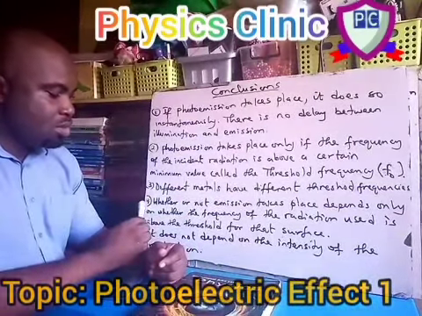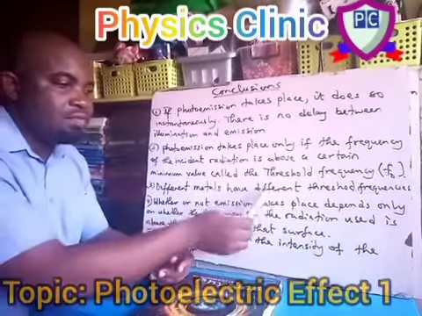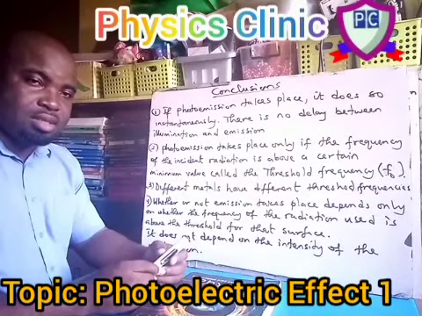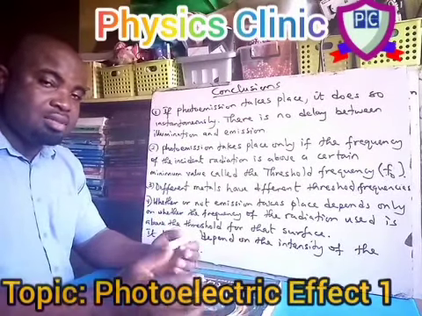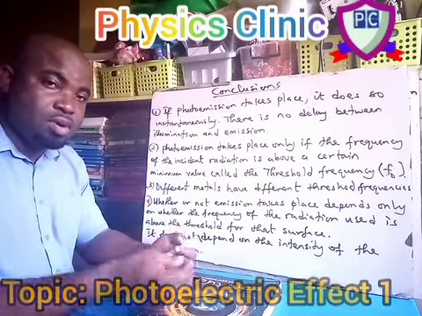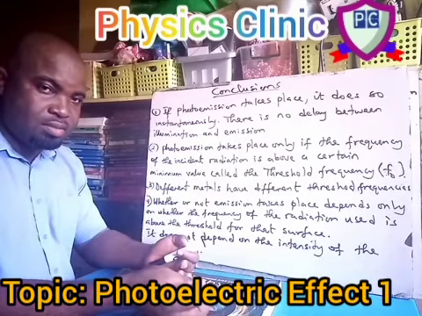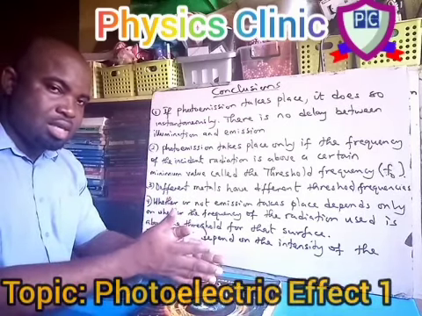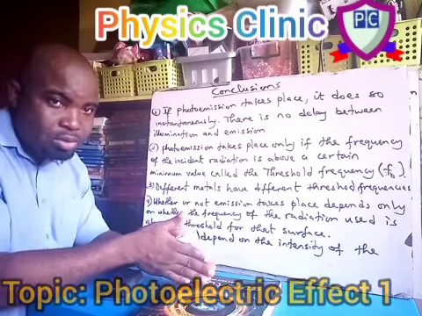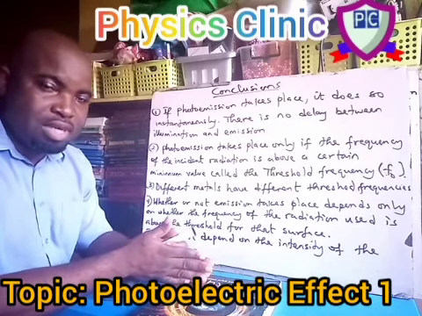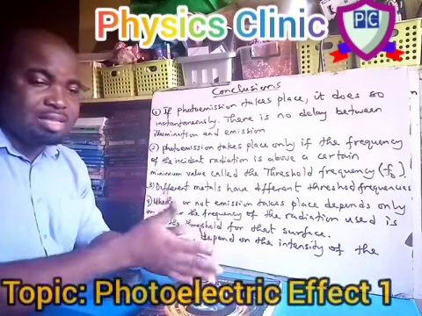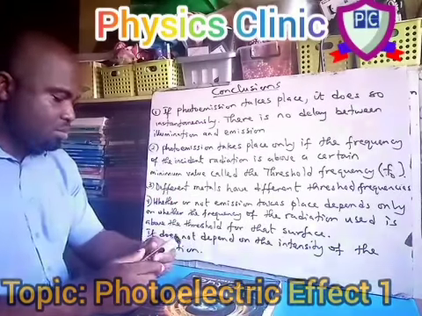Conclusion number 3: different metals have different threshold frequencies. So zinc, for example, has its own particular threshold frequency, and that is different from other metals.